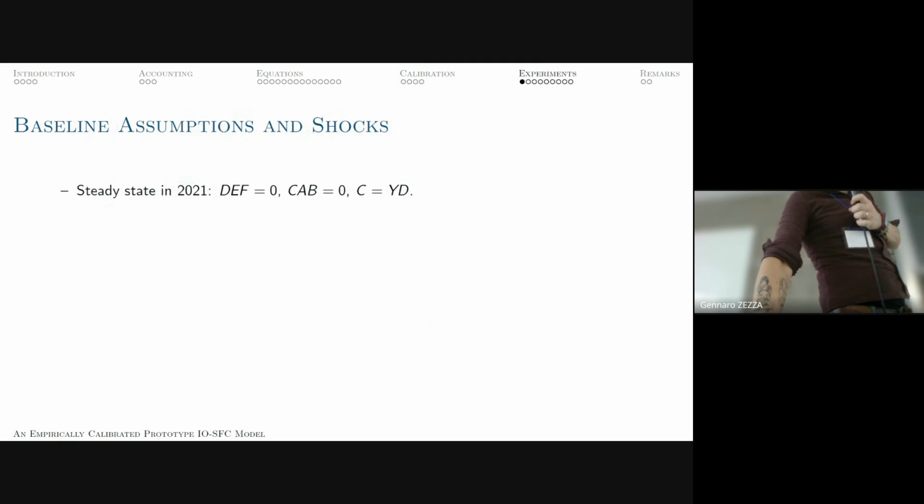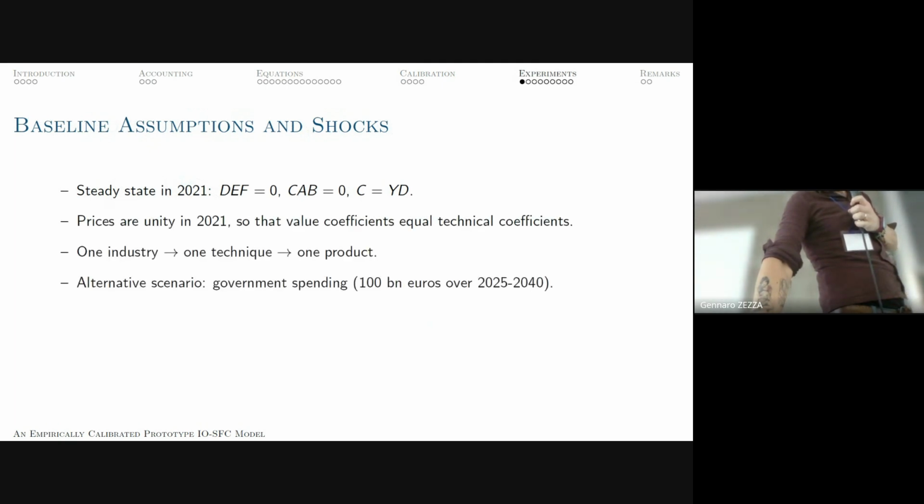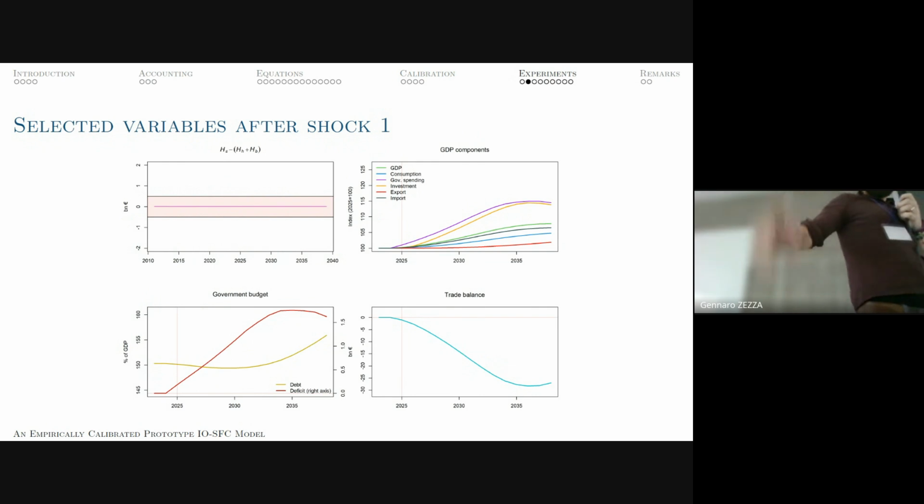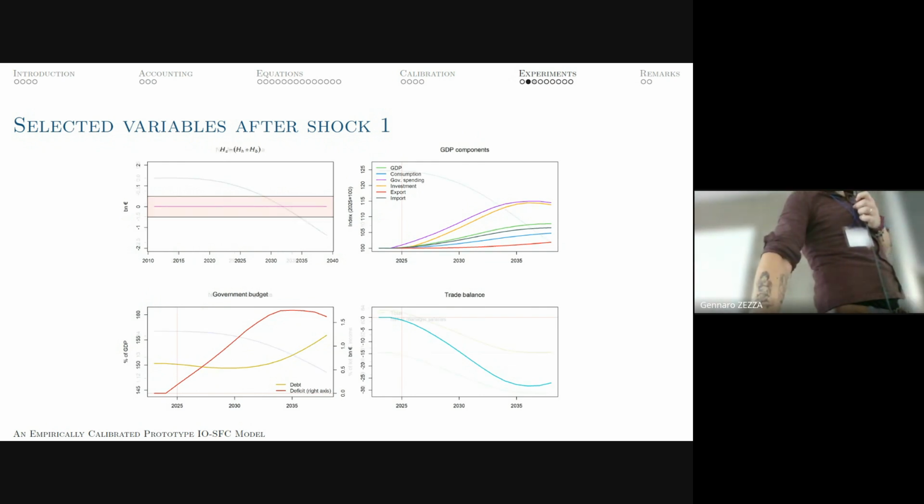And then I tried a few experiments, to see how the model behaves. The first experiment is just to spend some money. Just ask the government to spend $100 billion, with no targeting of industries, just spending proportional to the size of each industry.